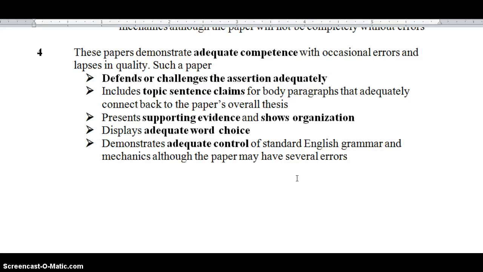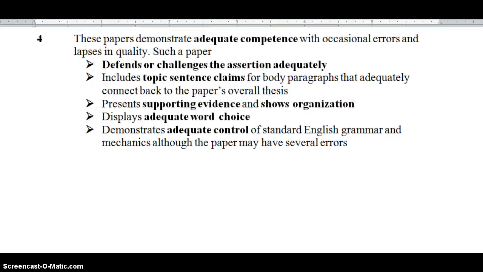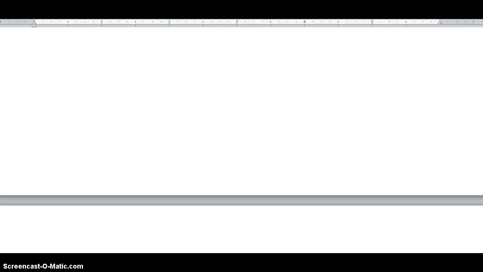Basically the B paper would be that you have a thesis or claim, you have good topic sentences, the evidence may not be the best, or your body paragraphs may not be that fully developed, but if you start with a strong claim, a strong thesis, the paper should hopefully have at least a 4 on it.